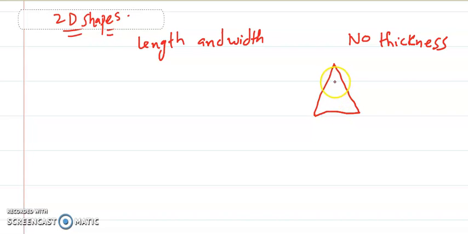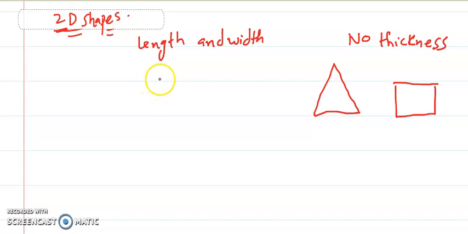This shape doesn't have any thickness, so I will say it is a 2D shape. It will have length and width only, so it will have two dimensions. On the basis of two dimensions, we will call it a 2D shape.